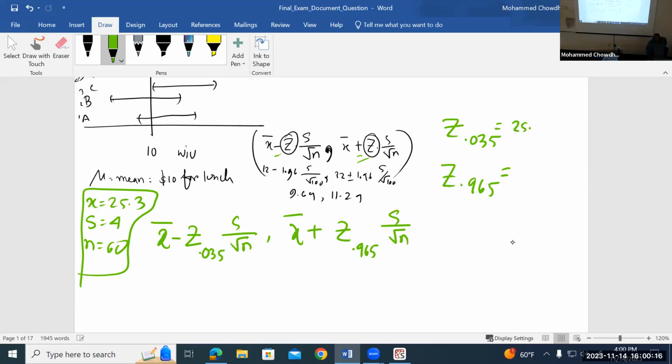No. What is this value? Negative 1.8. This could be true. This is true, right?